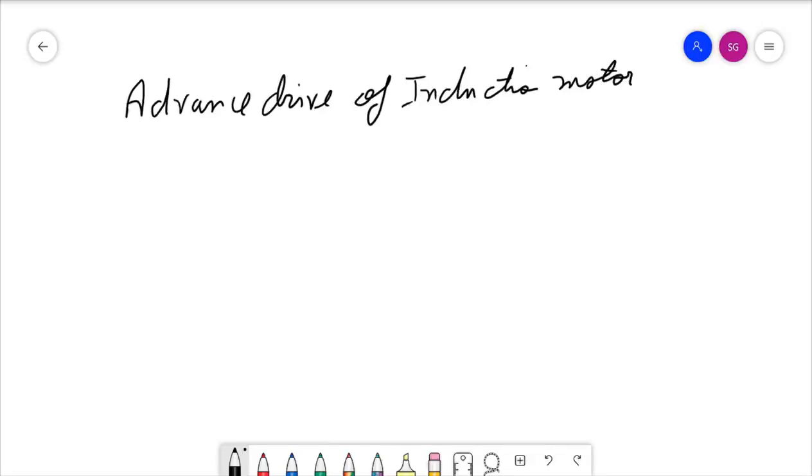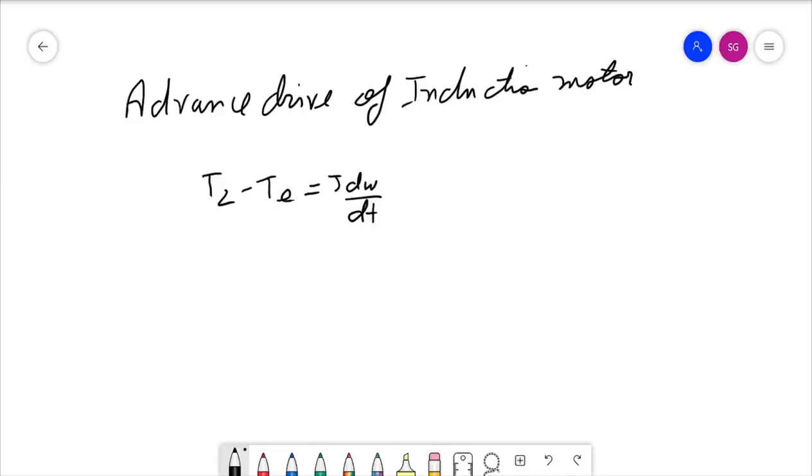The basic principle of these drives is based on the basic mechanical dynamic equation which we have learned earlier. I will rewrite that. TL minus TE is equal to J d omega by dt.